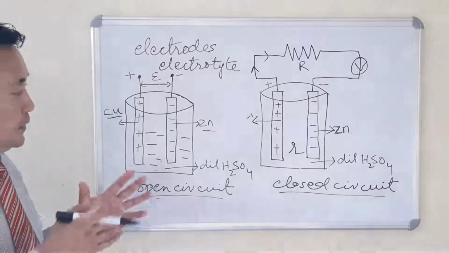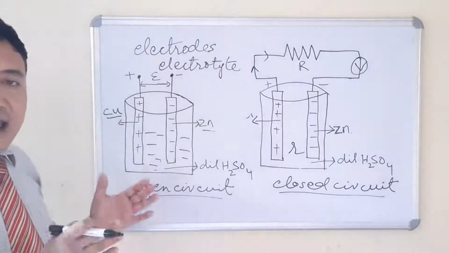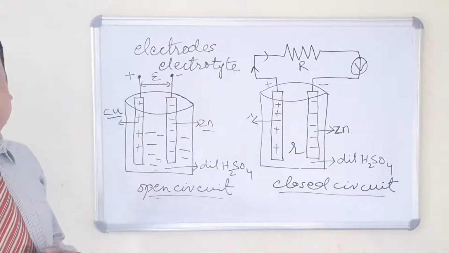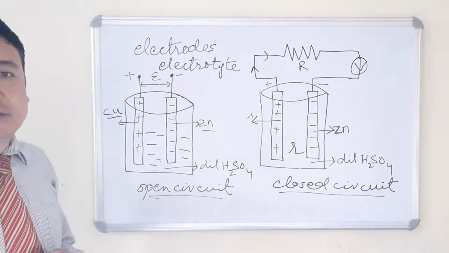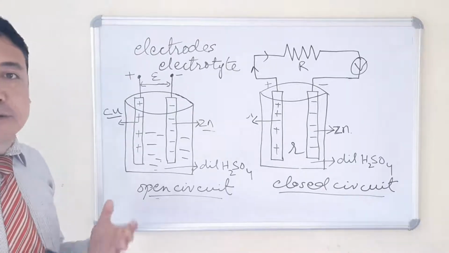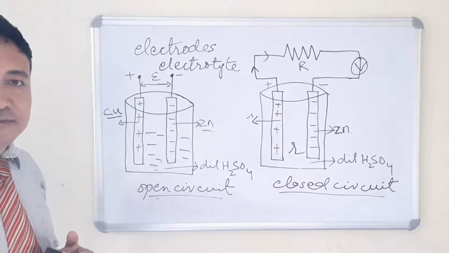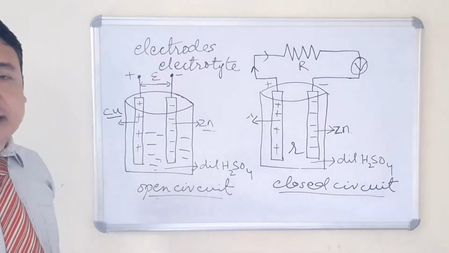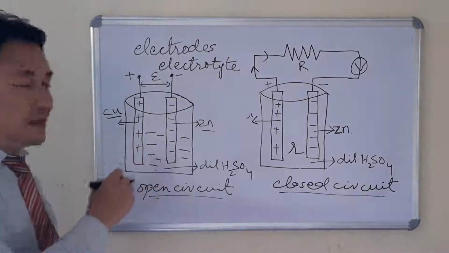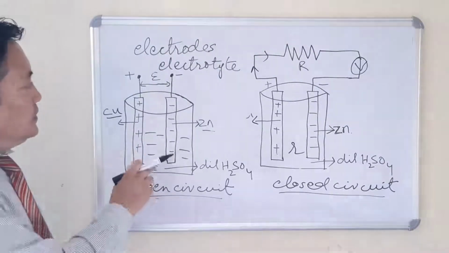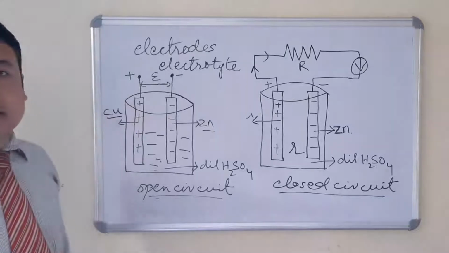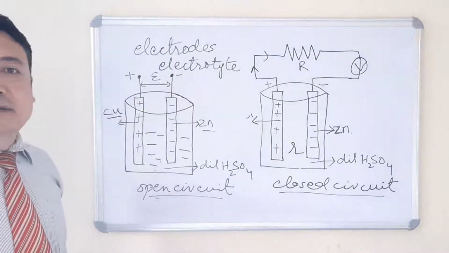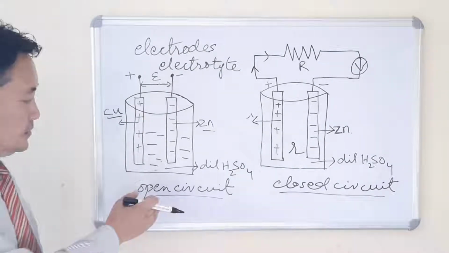So when they get separated, the necessary potential difference will be developed within the electrodes, and the potential difference will be developed even though the cell is not connected with the external circuit. That means in an open circuit.